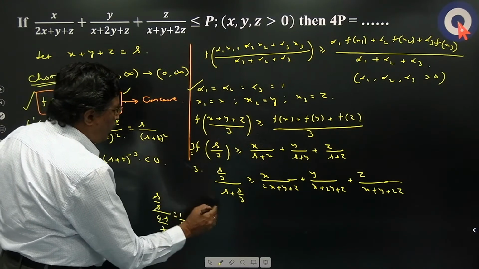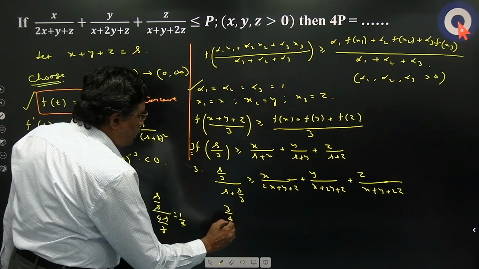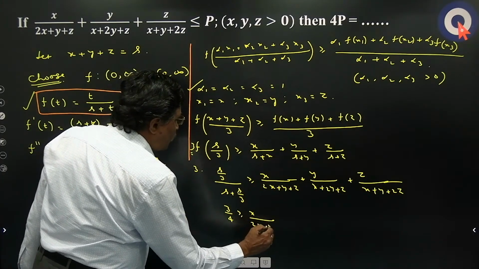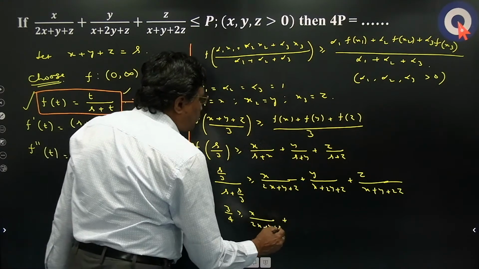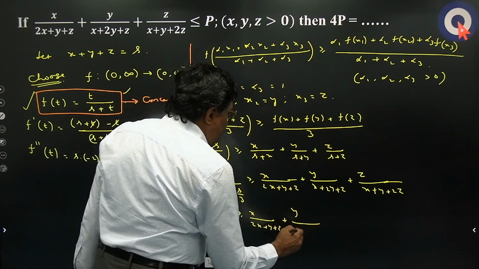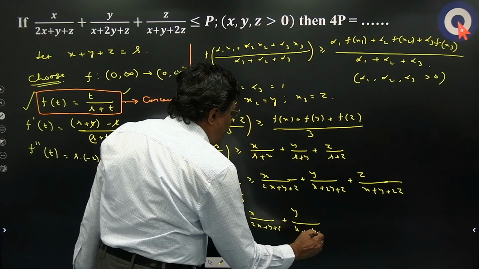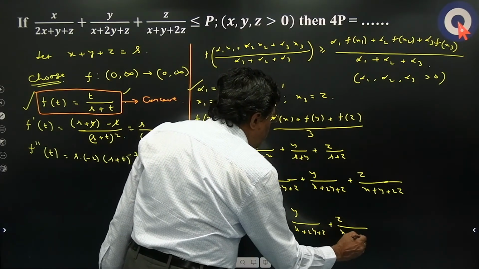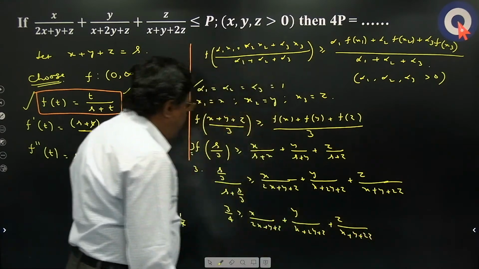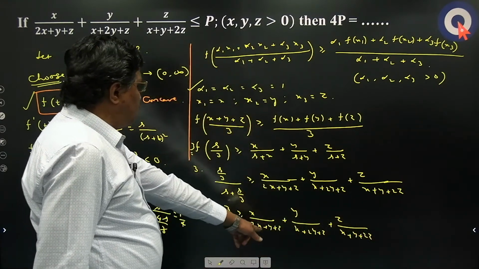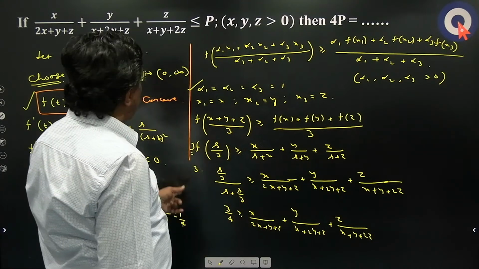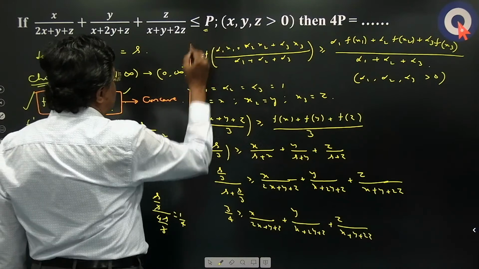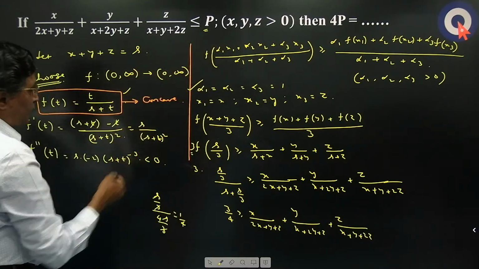So 3 into 1 by 4. So 3 by 4 is greater than or equal to x by (2x plus y plus z) plus y by (x plus 2y plus z) plus z by (x plus y plus 2z). So that means this is less than or equal to 3 by 4. The maximum value is 3 by 4. So this is less than or equal to p. So p is 3 by 4. That's only to get one integer there.